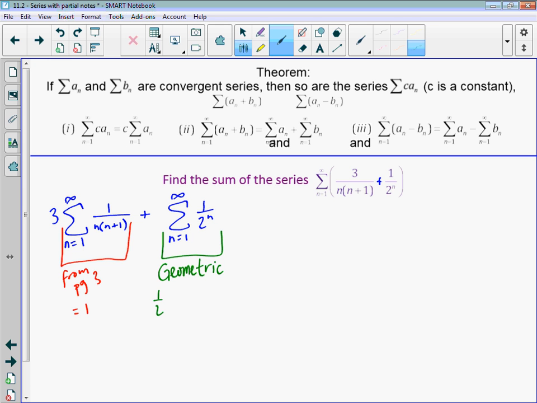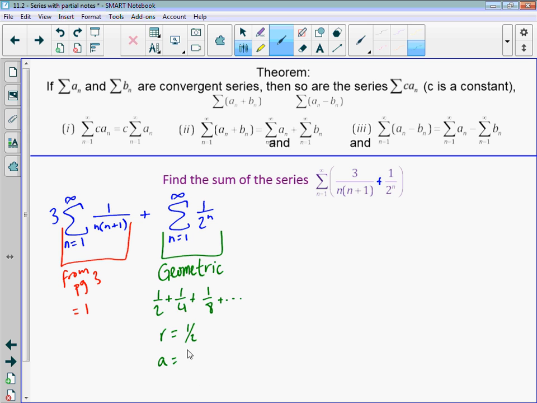This is where you can start listing them if you need to. If I plug in 2, I get a 4th. Plug in 3, I get an 8th. So you can see that it's geometric. Our R value is equal to a half, and our A is equal to what? A half also.